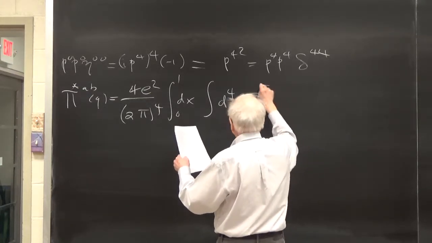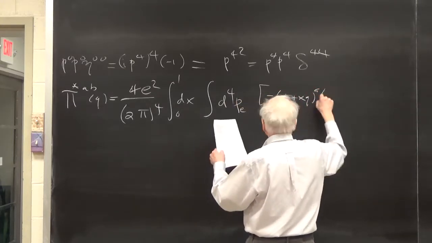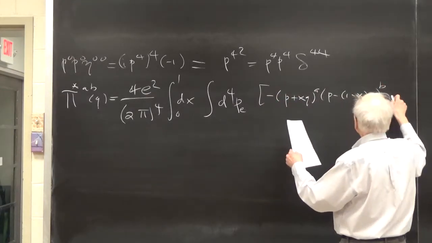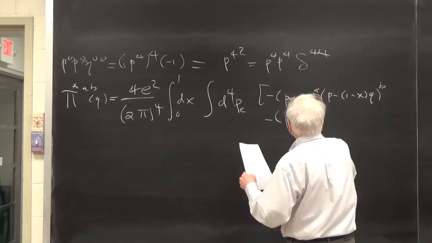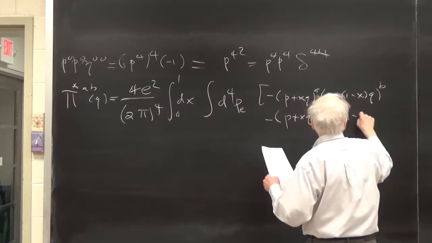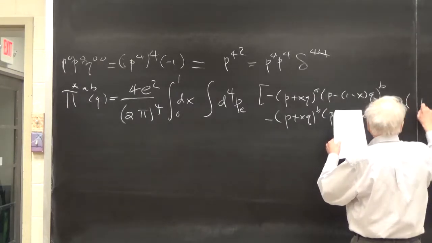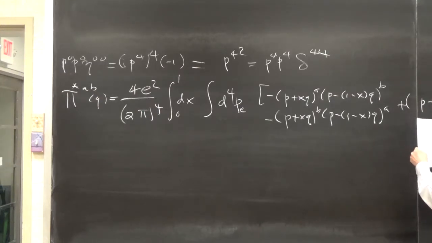And what we have is minus (p plus x q) A (p minus (1 minus x) q) B, minus the same thing with A and B interchanged, so (p plus x q) B (p minus (1 minus x) q) A, and then plus (p plus x q) dotted into (p minus (1 minus x) q), times delta AB.